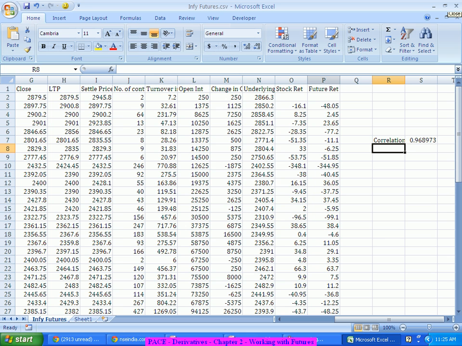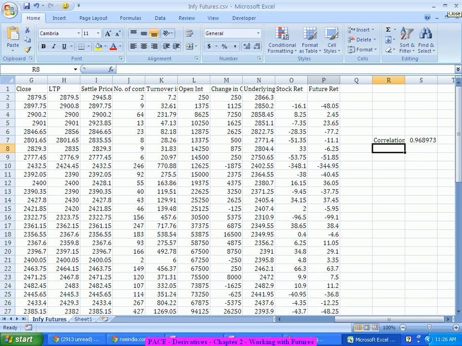It could just as well be Infosys spot and Wipro spot. I can do any combination. Here I am doing the same because there are two different markets, two different prices, and I am trying to see the relationship between the two. Sometimes people may say stock price and the gold price.